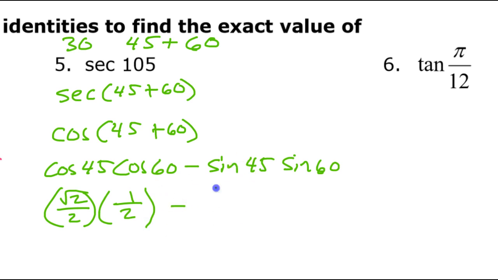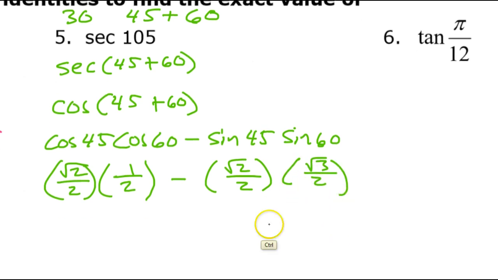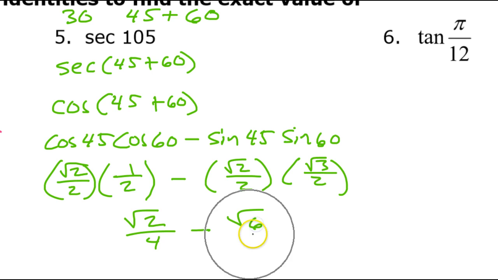The sine of 45 is radical 2 over 2. And the sine of 60 is radical 3 over 2. Again, that's just right off the chart. So if I multiply this out, I'm going to wind up with radical 2 over 4 minus radical 6 over 4.